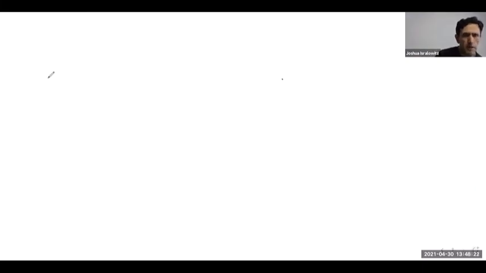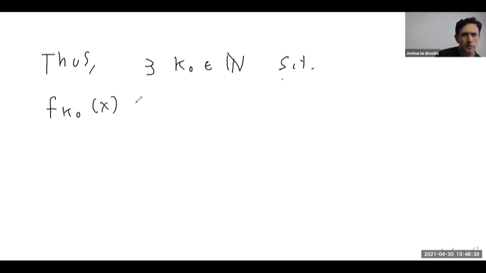So what does that mean? That means there exists k0, a natural number, where f_k0 of x is not less than or equal to c, it's bigger than c.